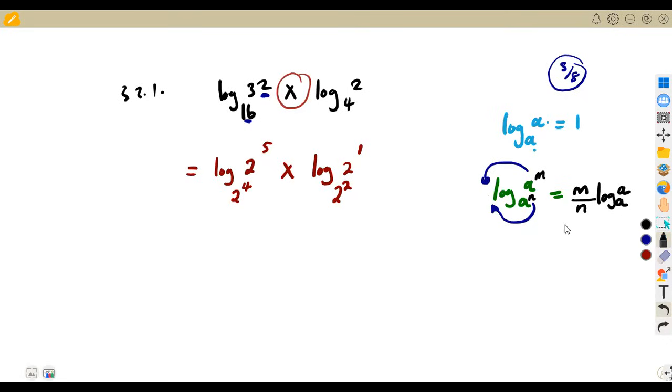But we said log a base a is equal to 1, so it is going to give us m over n at the end.